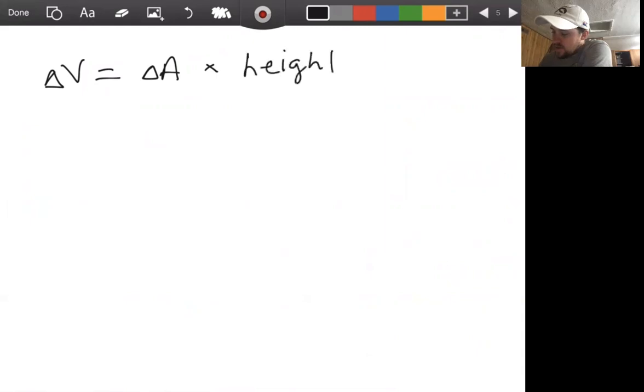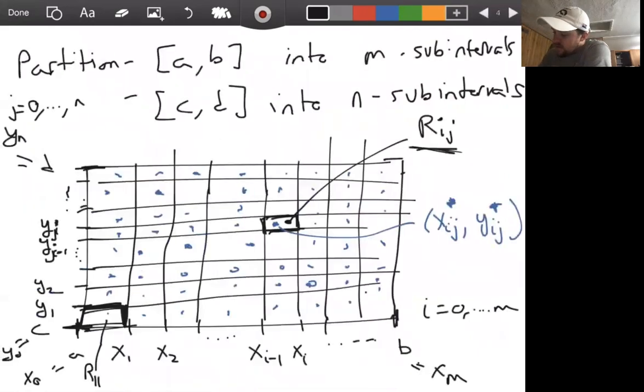What we've said is that delta V here, or this very, very small volume over the Rijth rectangle, is given by the area of the base, which we'll call delta A, times the height, right? And so what is delta A? Well, delta A is going to be the area of the ijth rectangle.